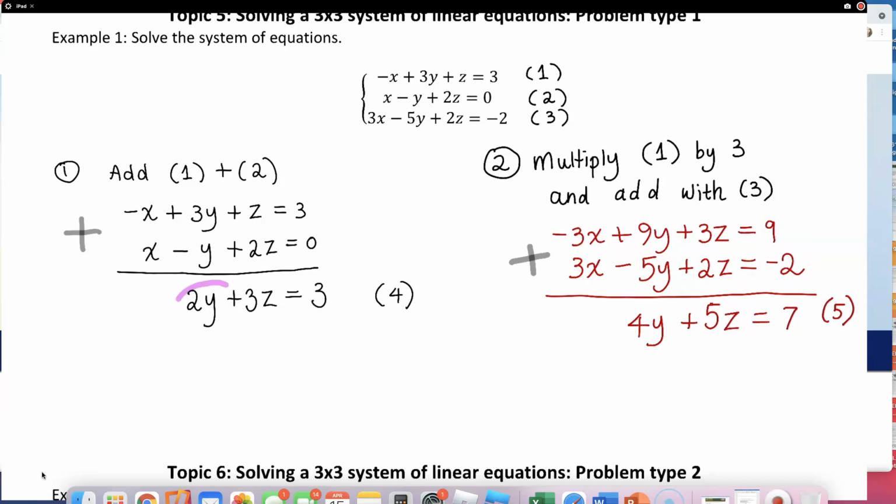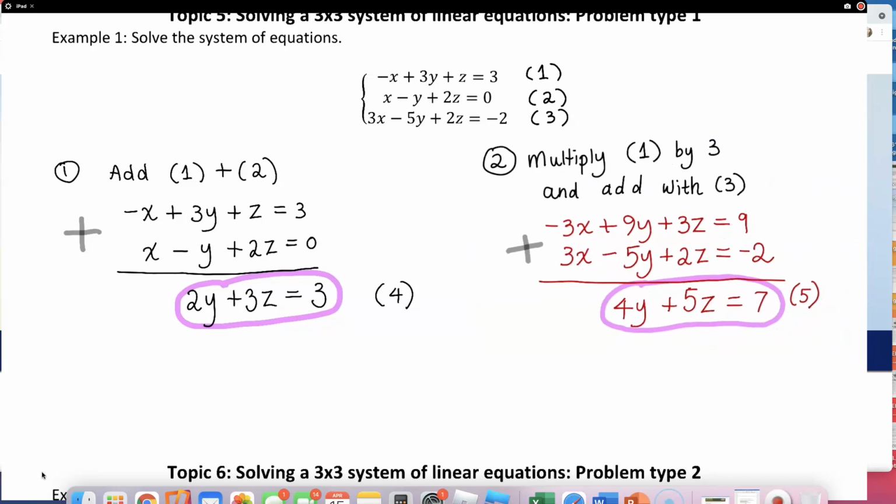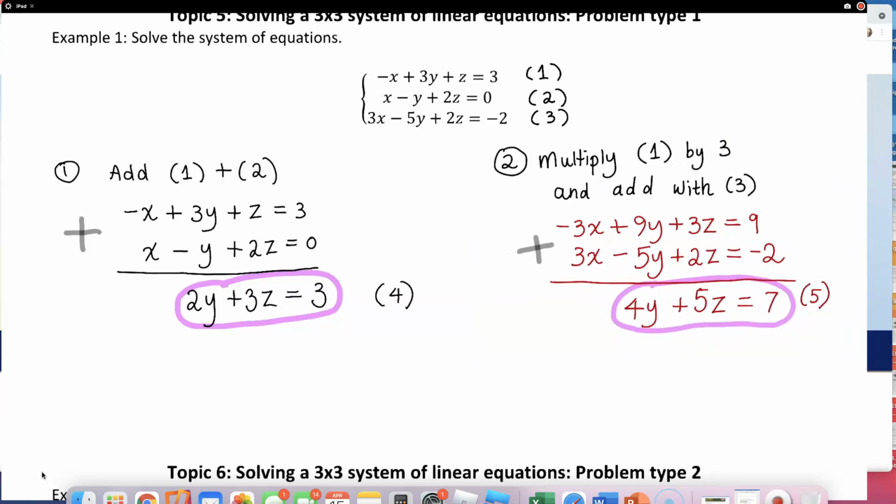So look at 2y plus 3z equals 3, and this one 4y plus 5z equals 7. We're going to work with these 2 purple circled equations. If we use those 2, we should be able to find what y is and z is. So that's the big plan.